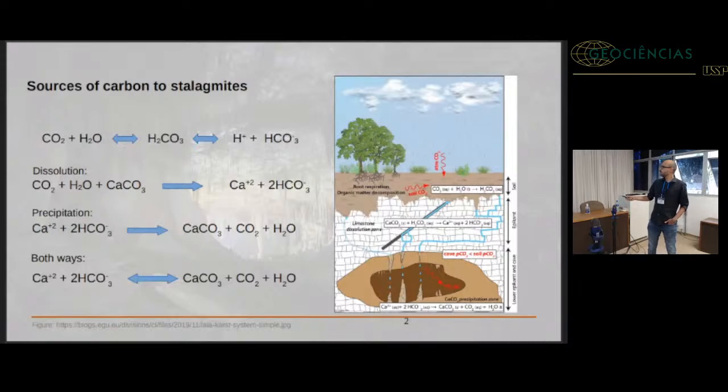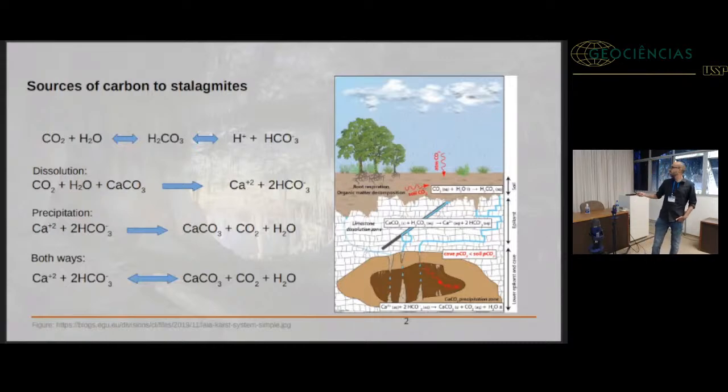If we look back to the equation, this carbon will be here in the bicarbonate, and before that, it will be here. And then we have a carbon here in the limestone. So we have one of the carbons coming from the limestone, and then we have also carbon in the CO2. Then the question is, where did the CO2 come from?